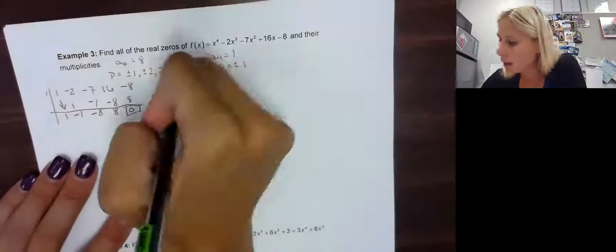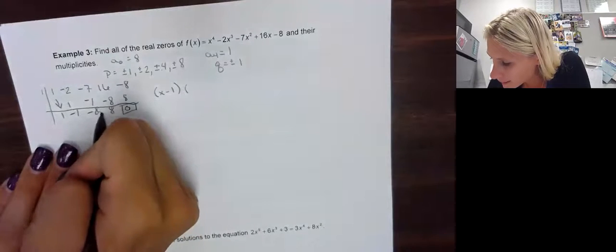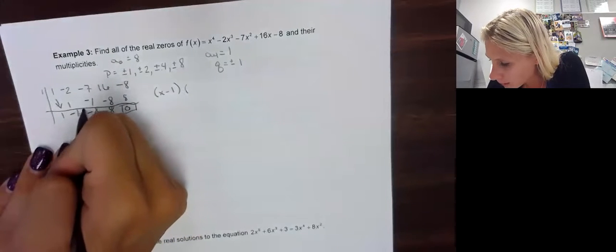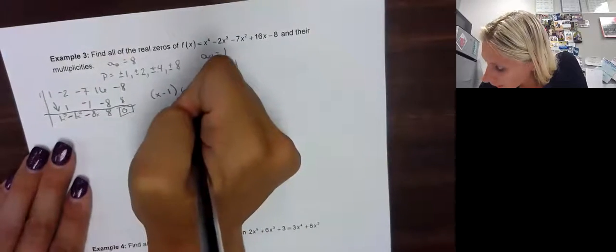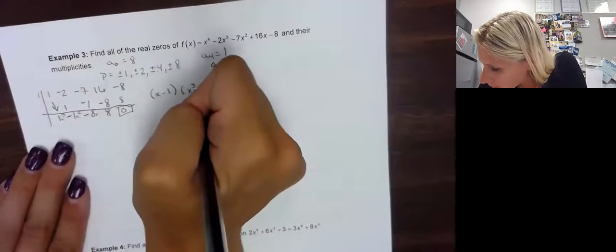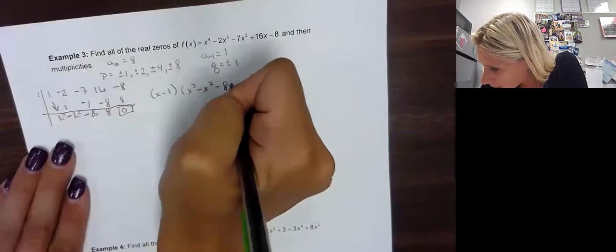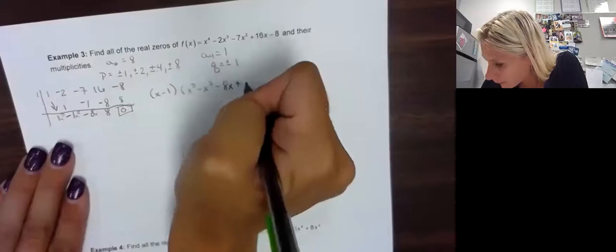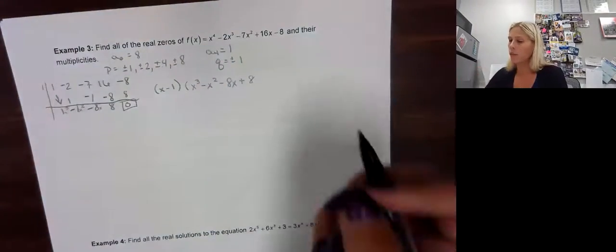Okay, so that also means when I factor that, I get, this is constant, this is x squared, x cubed. So I get x cubed minus x squared minus 8x plus 8. Now, be careful, okay?